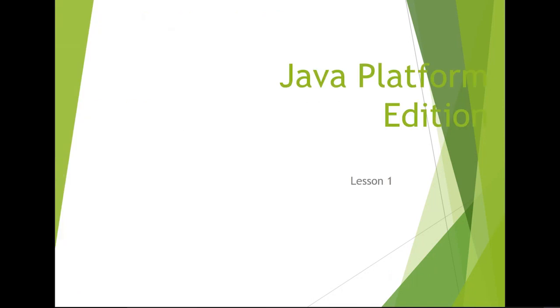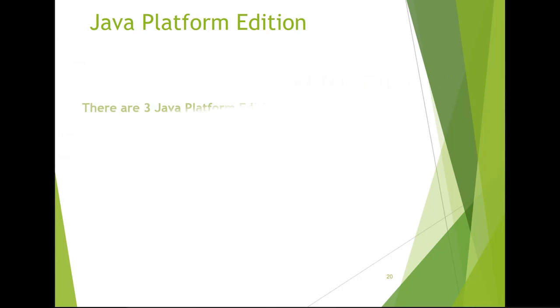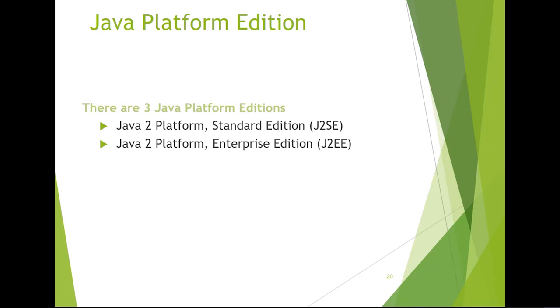Actually, we have three platforms for Java. Okay, we have Java 2 Platform Standard Edition, which is J2SE. This is the one that we will be using, okay, for this subject. We also have Java 2 Platform Enterprise Edition, and then you also have Micro Edition.